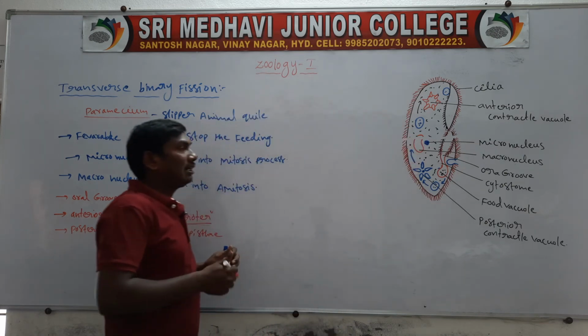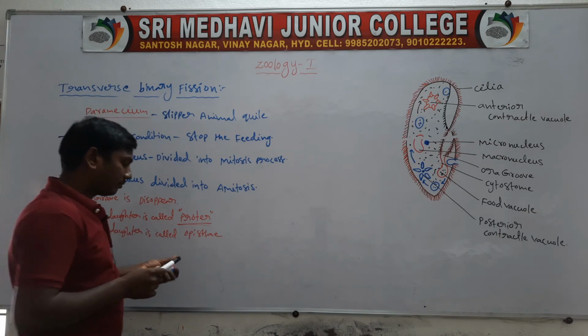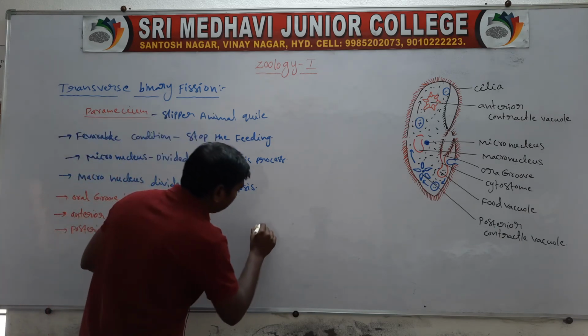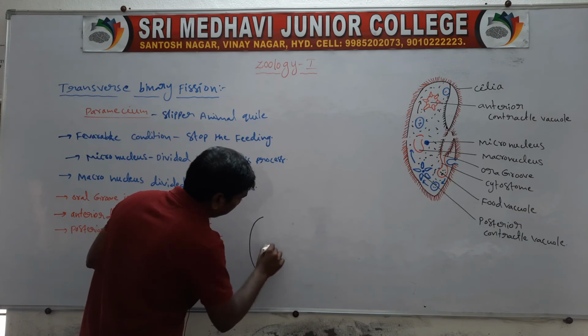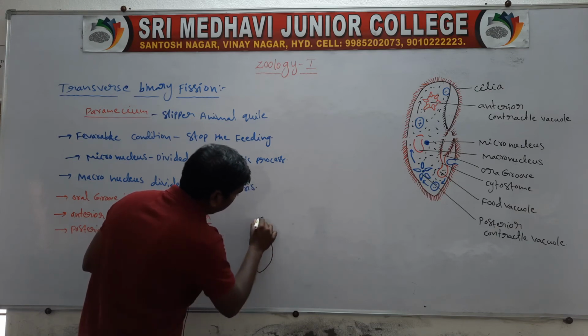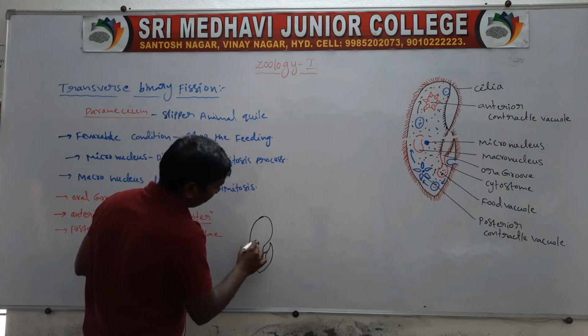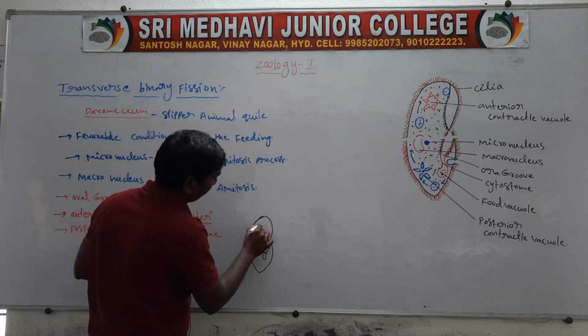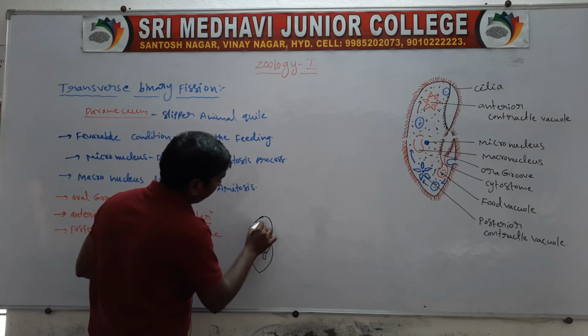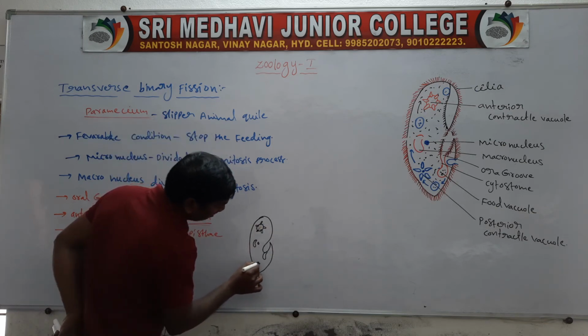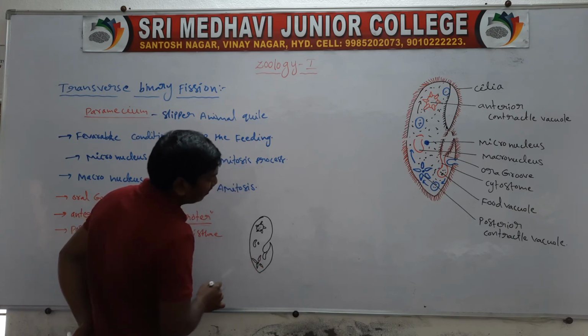See the diagram of the transverse binary fission. Here is the anterior contractile vacuole, and here is the posterior contractile vacuole.